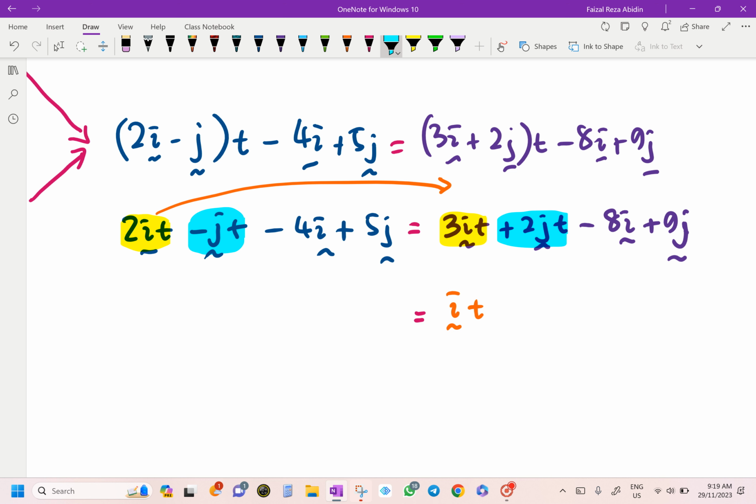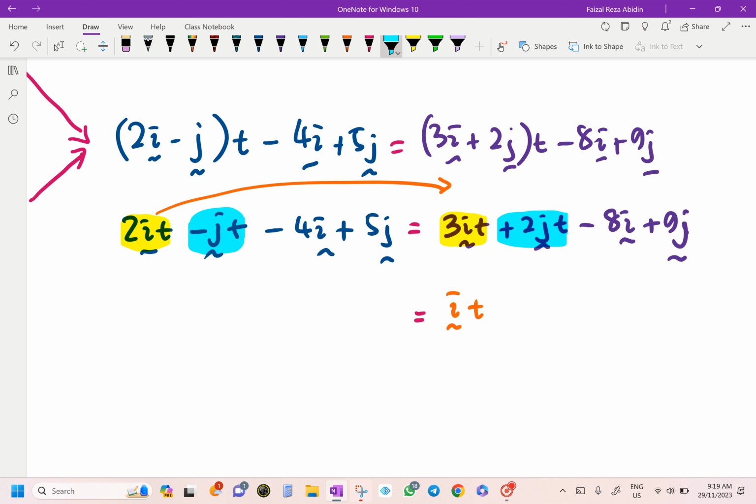Kejap. Dia tak buat macam tu loh. Dia ambil 5 minus. Kejap. 2T I. Okay. Kejap. Sorry. Dia ambil I dengan J lah.